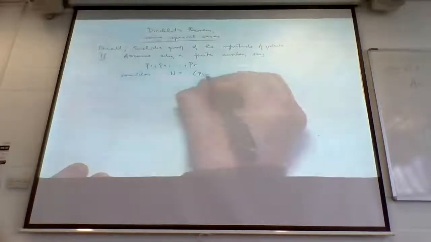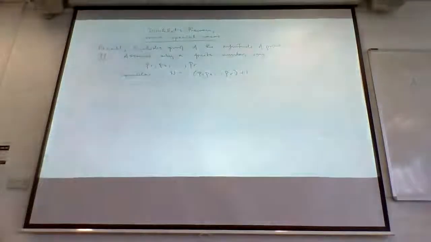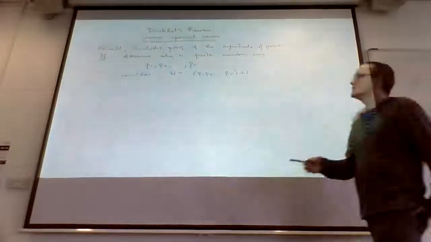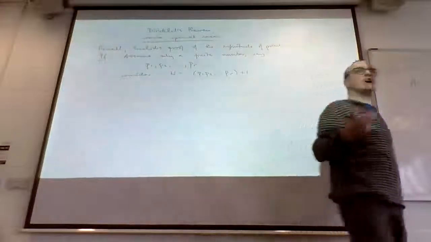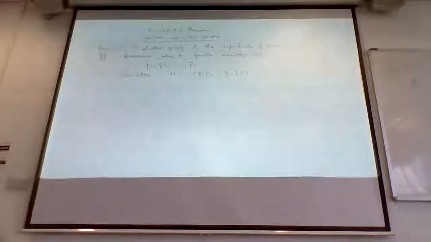and you consider the number n, which is the product of them all, plus 1. By some fairly basic divisibility results, n has at least one prime factor. N is either a prime number or it has a prime factor.